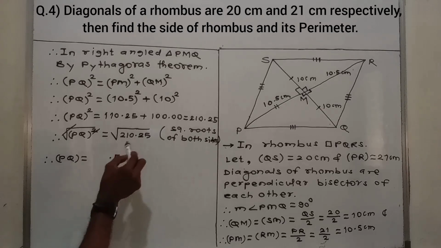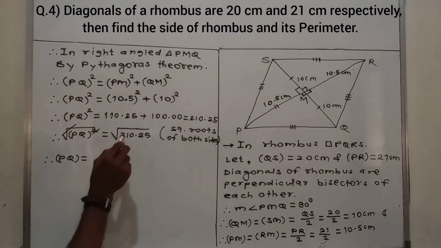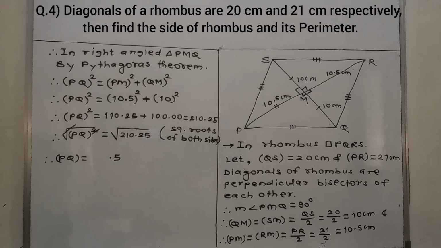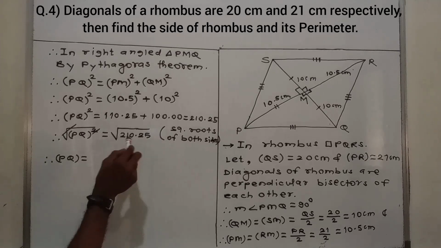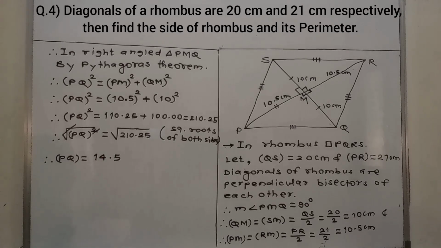Now, we want product of consecutive natural numbers. 210. 14 into 15. 14 into 15, 210. Therefore 14 into 15, so smaller number we write here.